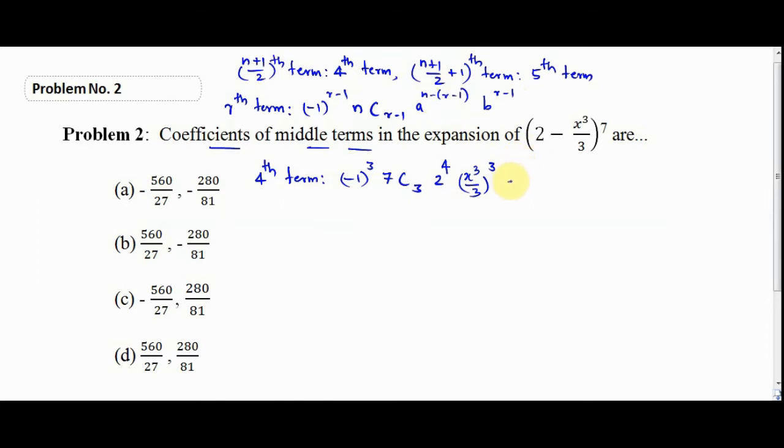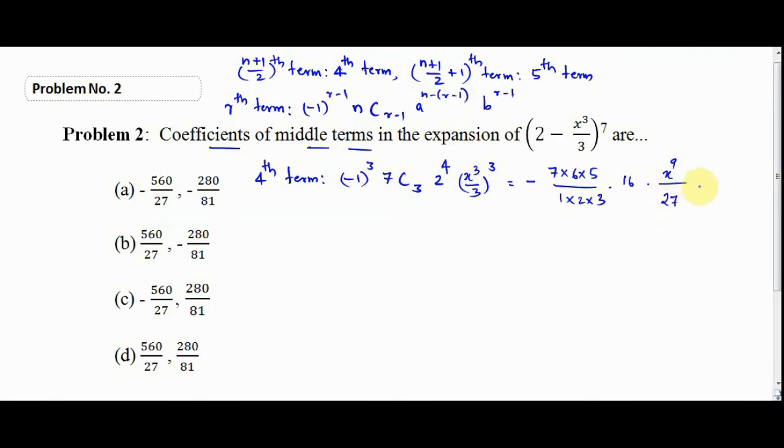So this will be equal to, here we have minus 1 raised to 3, that will result in a minus sign, that into 7C3. 7C3 will be 7 into 6 into 5 divided by 1 into 2 into 3, into 2 raised to 4, that is 16, into (x cube by 3) whole raised to 3. So that will be x raised to 9 divided by 3 raised to 3, that is 27.